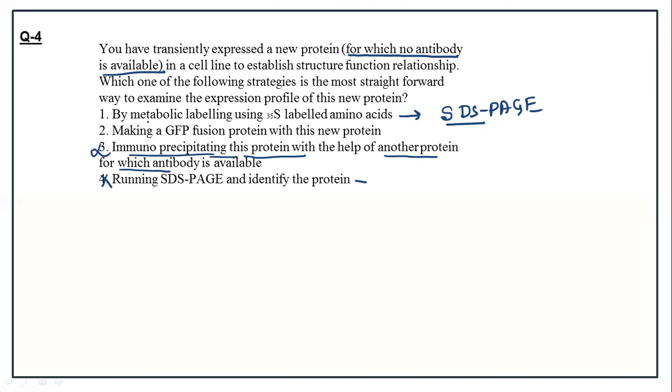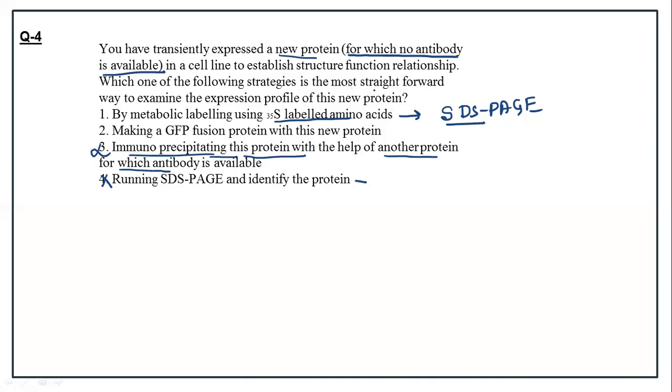Another option is metabolic labeling with S35-labeled amino acid. But you should know the sequence of the protein, and in the question this is a new protein for which you don't know the sequence, right?